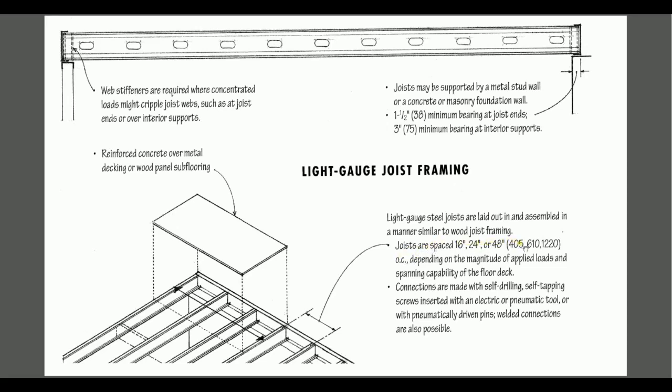So the joist spacing is similar to the wood joist framing, 16 inch, 2 feet and 4 feet. But I don't think the wood joist framing gets bigger than 2 feet, right? So usually 16 inch.